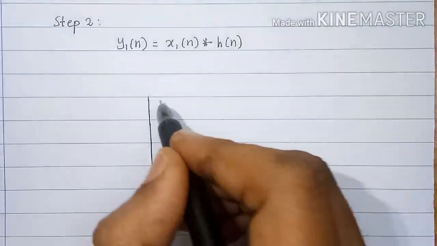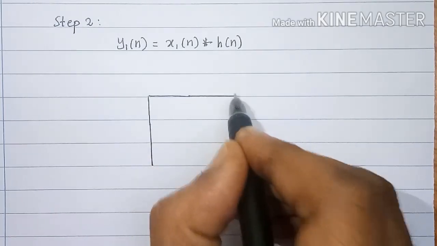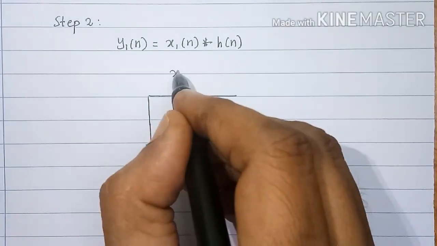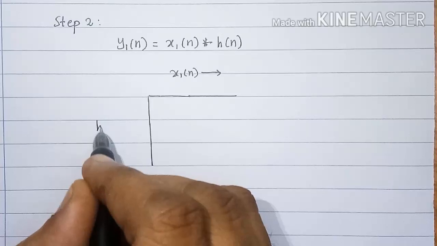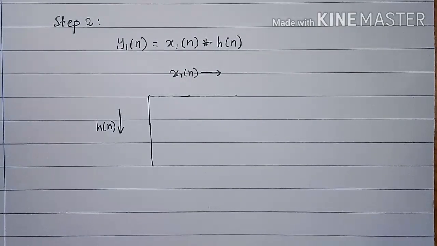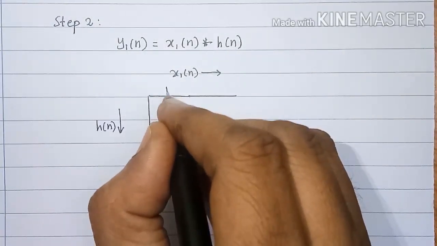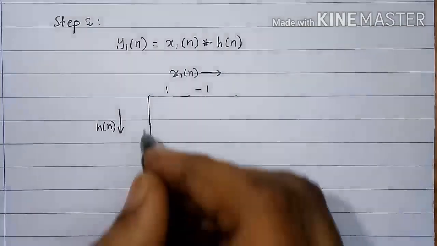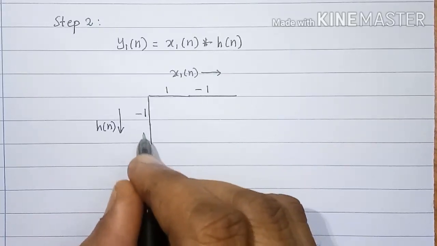For that, we will write the samples of x1 of n horizontally and h of n vertically, and these samples are 1 and minus 1 and minus 1 and plus 1.